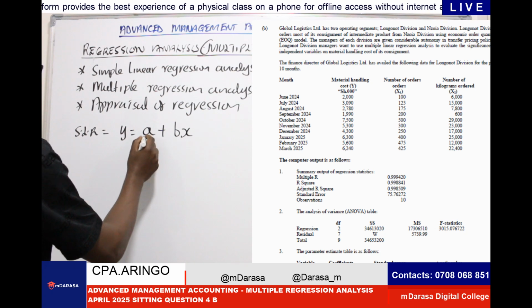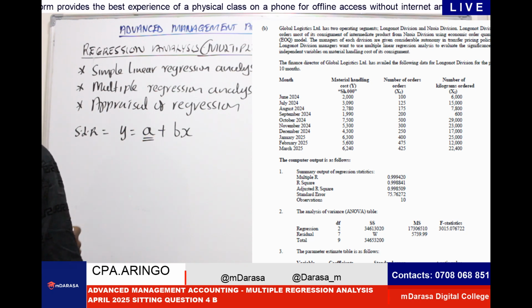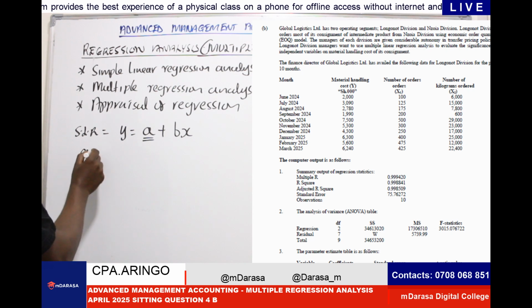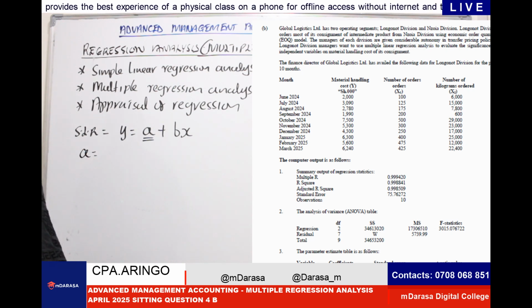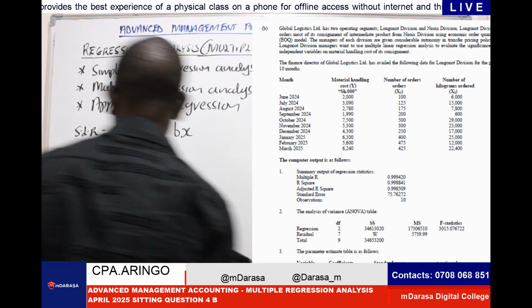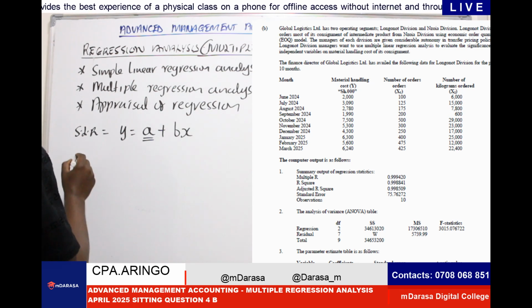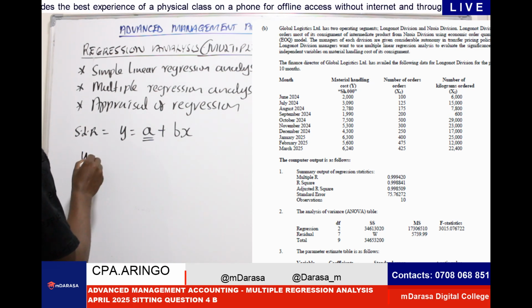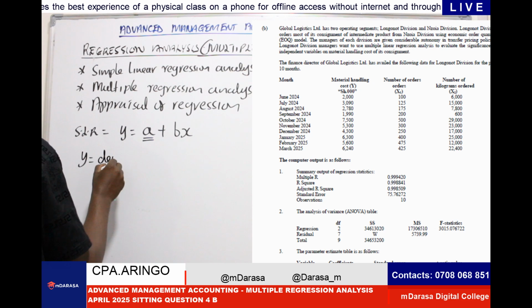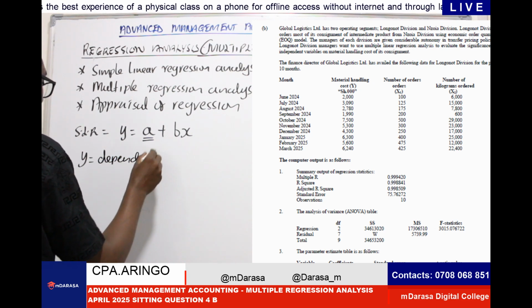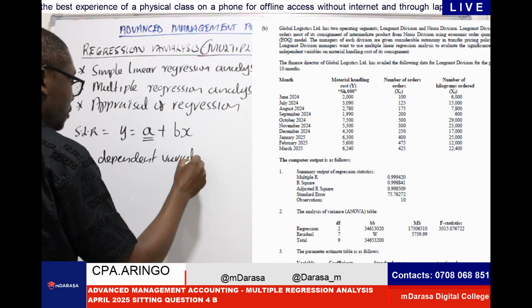Well, we know very well, just a quick reminder, we start with the component of y. Y, we said this will always give us what? Dependent variable. This will give us our dependent variable, okay?